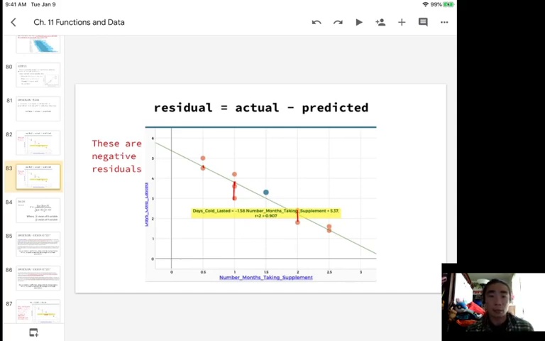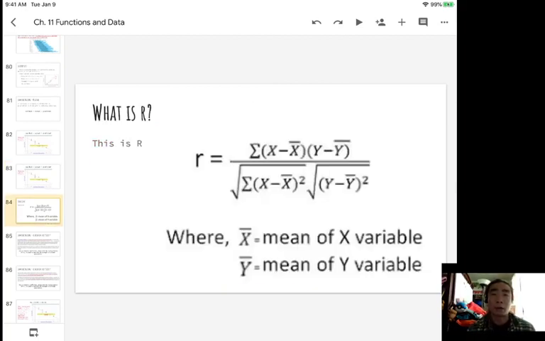Then the last and probably the most confusing idea that we talked about was this idea of an R. What is R? R is a measure of strength. It's defined as this complicated formula. And what we studied is that it's too complicated for us to do by hand, so we put it into a calculator or we put it into a program, like in Python, for it to tell us what the R value is.